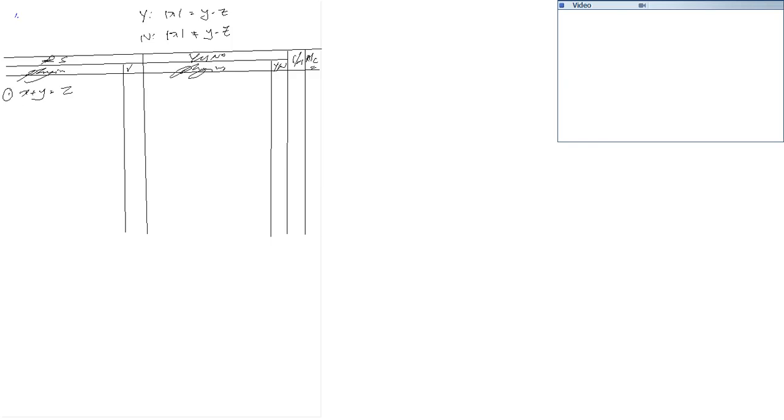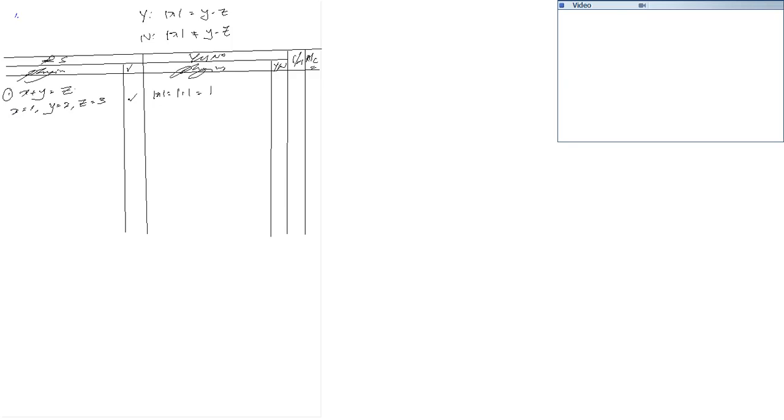Alright, give me some value for x. 1. Give me some value for y. 2. Then what is the value of z? 3. The fact statement is happy. Modulus of x is modulus of 1, which is equal to 1.